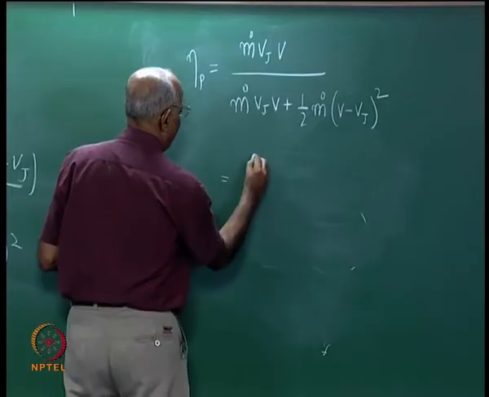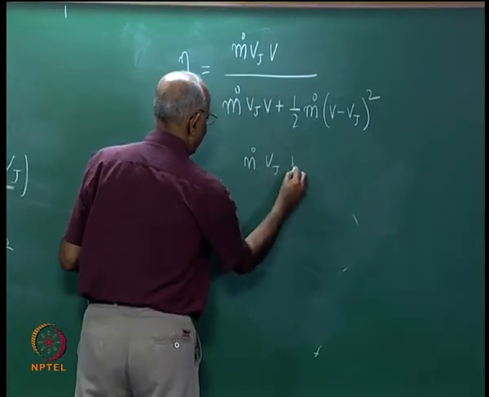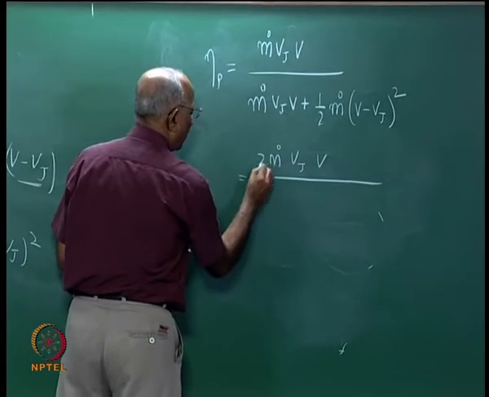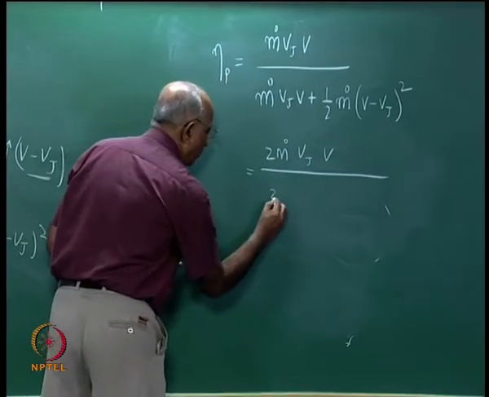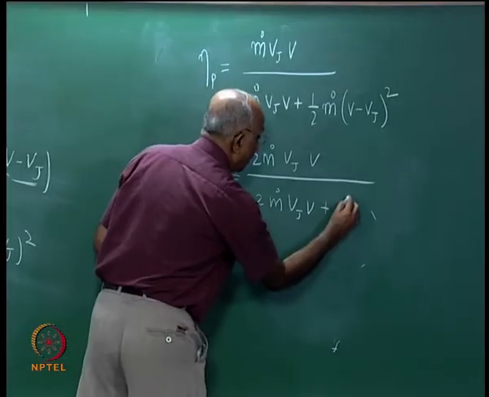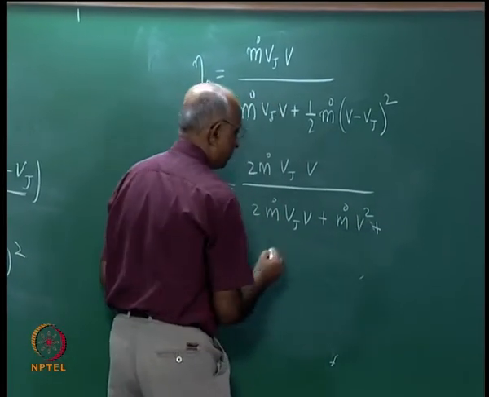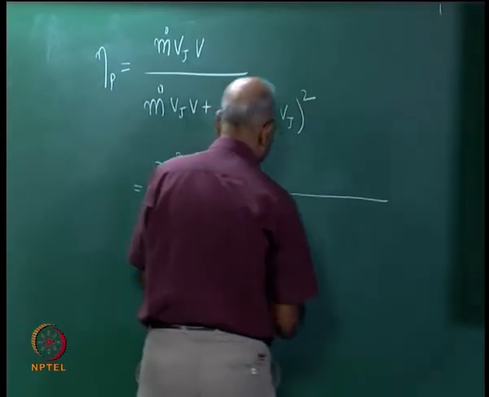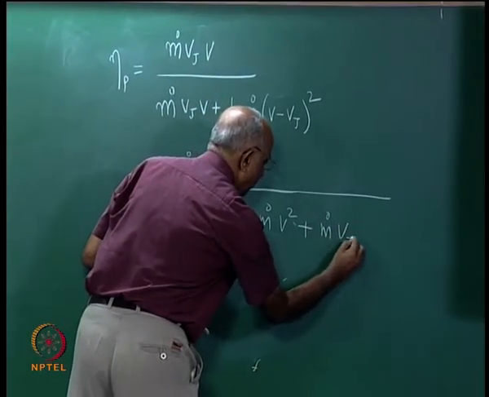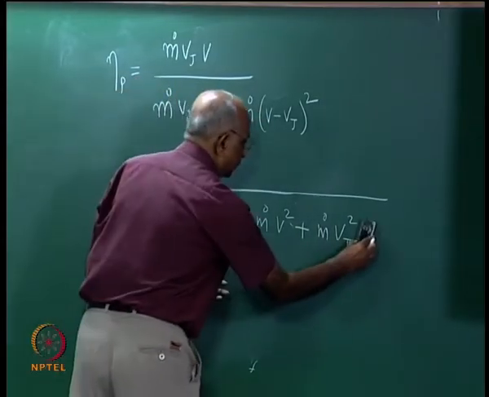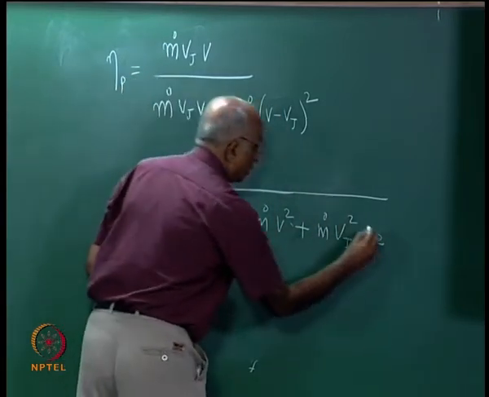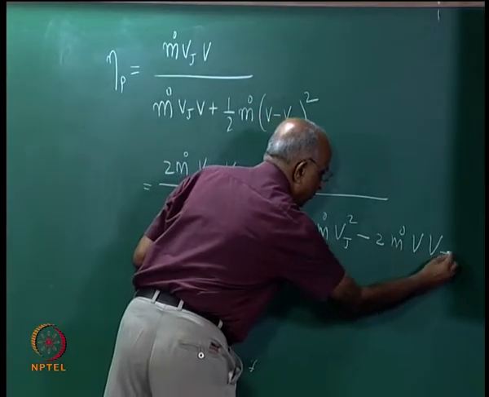This is equal to m dot into Vj into V divided by, now if I were to look at this, I bring 2 on top, right, then I get 2 m dot into Vj into V plus m dot V square plus m dot Vj square minus 2 into m dot V into Vj.